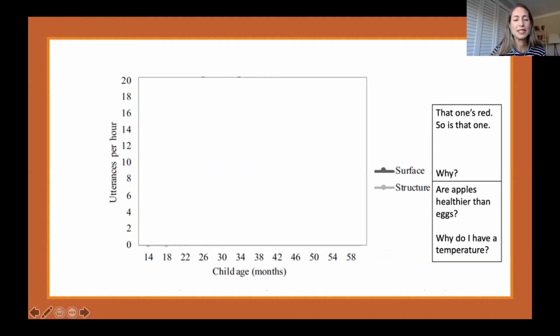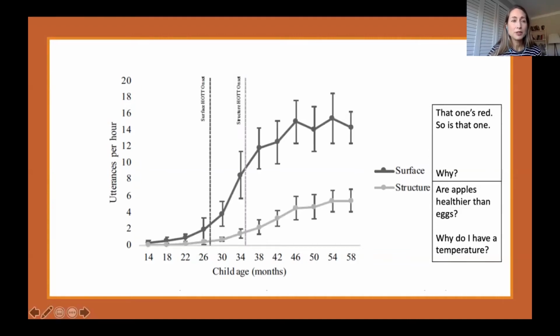And basically what we see is that kids are using this talk. The real onset starts somewhere around 27 months. There's obviously variability. Surface comes out before structure. So you see surface reliably coming up before structure, and you see that increasing over time.